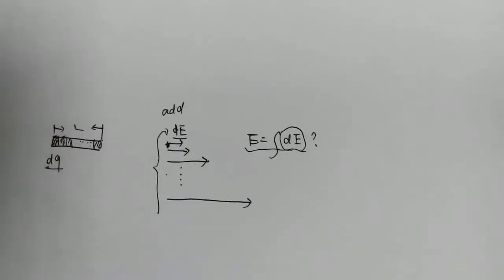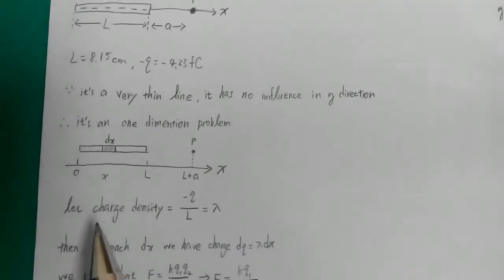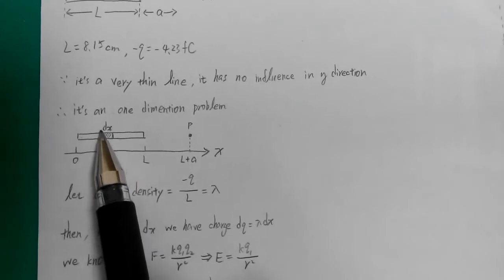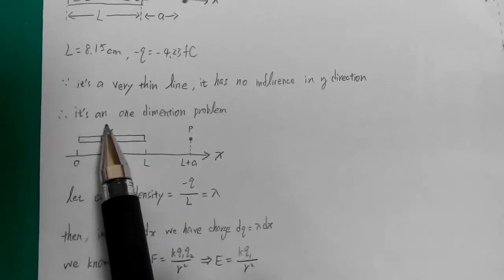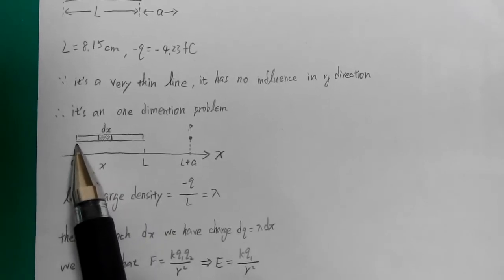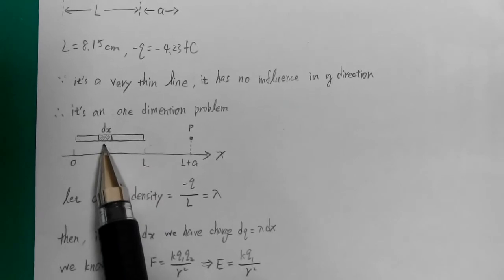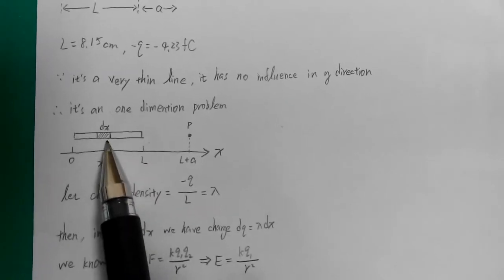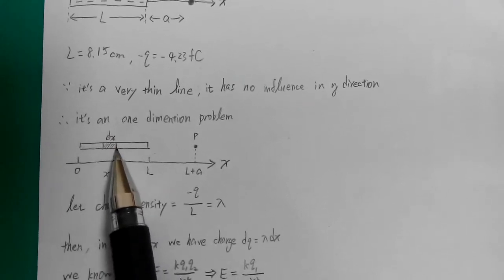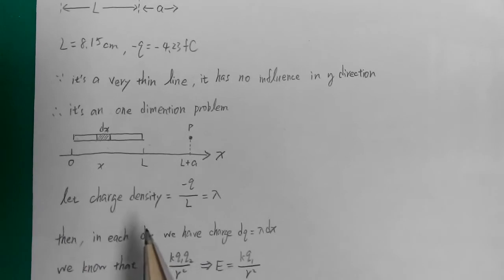First of all, we can see that at this little part dx, we can calculate the integral from 0 to L. And we can think, if we have dx, how much charge do we have in this little region?